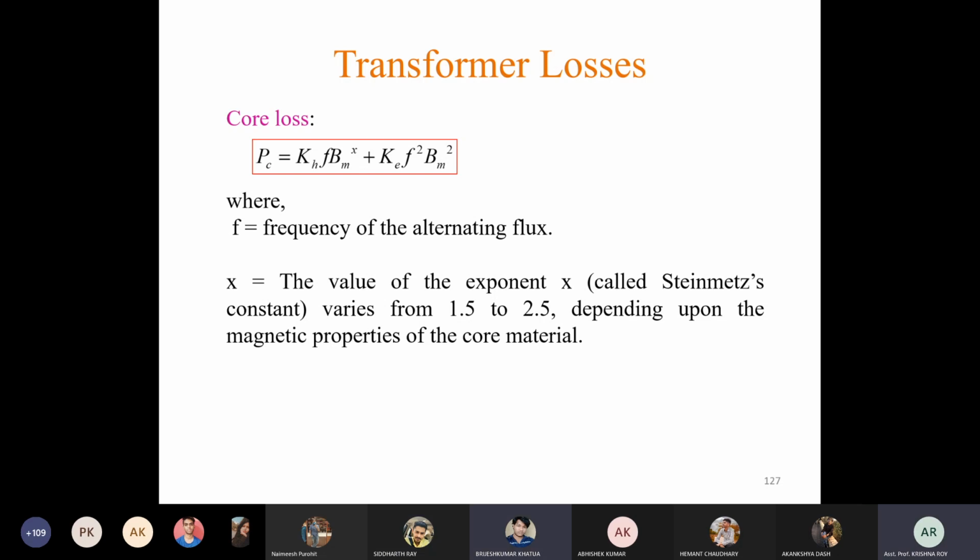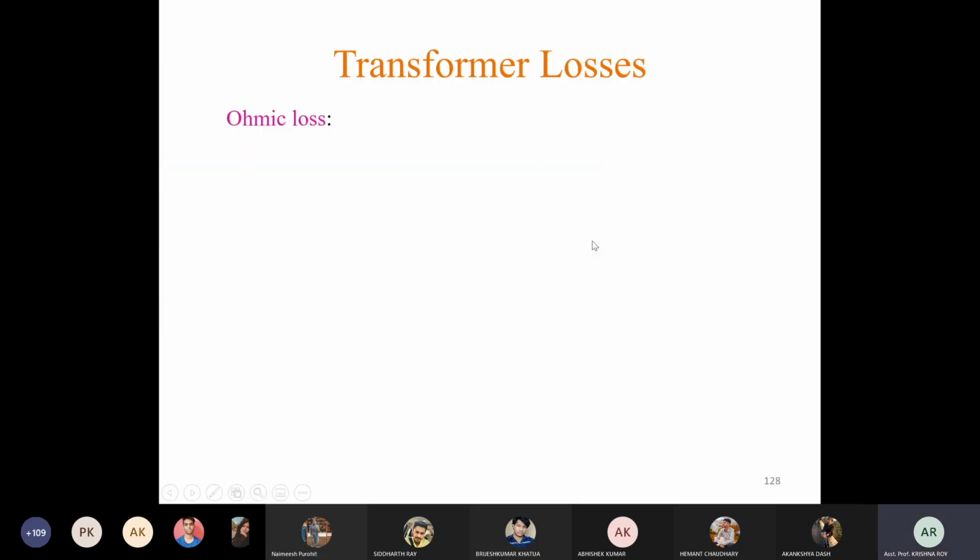You have to test different materials and then find this equation by some curve fitting method. So this is an empirical formula, not a theoretically established formula.